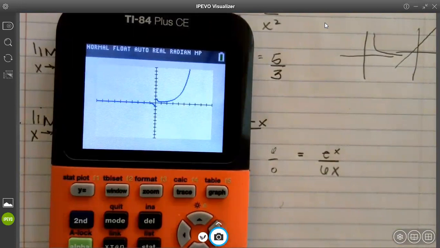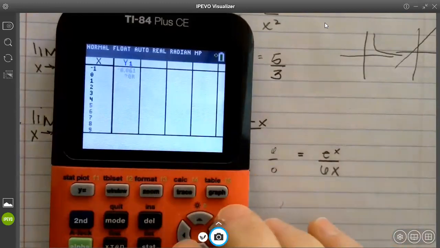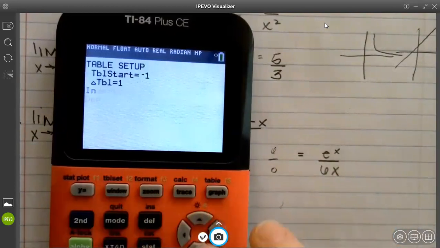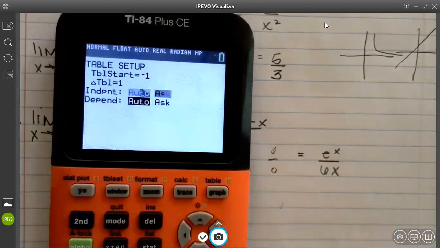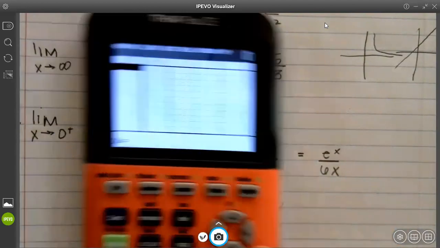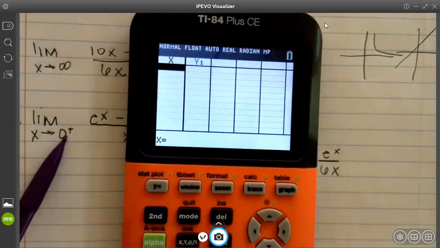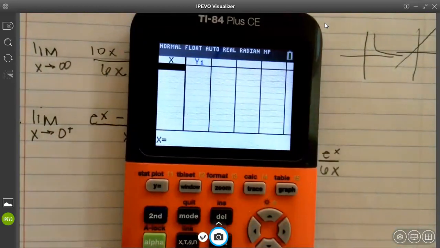On our calculator, it looks like it stops on the x-axis. I mean, on the y-axis, it does not. So when we go into our table, I'm going to ask, 0 to the right. So what numbers would be getting me close to 0 without touching it to the right?